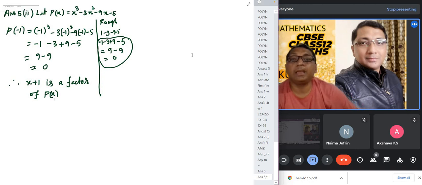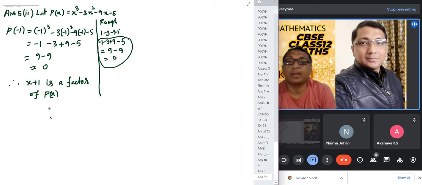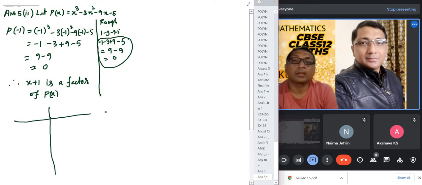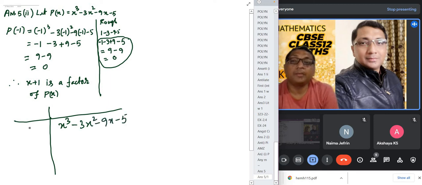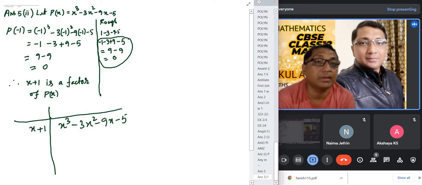So divide p(x). Here I am dividing. p(x) is x cube minus 3x square minus 9x minus 5. And if we divide this by x plus 1, it will be fully divisible, and you will get a remainder 0.